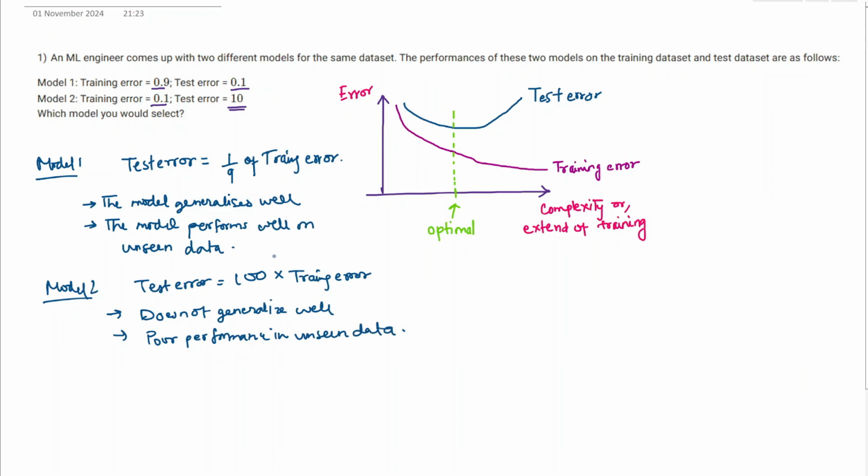So this is the difference between model 1 and model 2. And if you compare the training error of model 1 and model 2, they are not that bad. Both of them are good enough. So we would go with model 1 because this generalizes well to the unseen data.